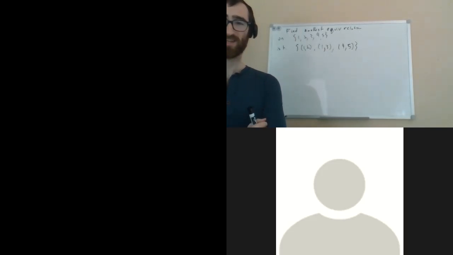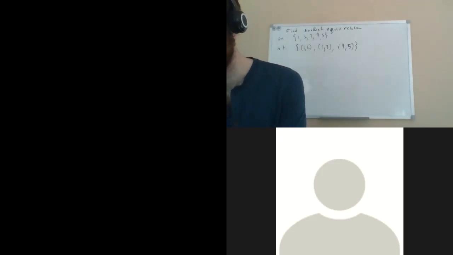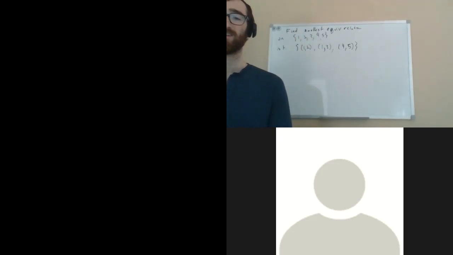What are your thoughts? Well, I knew we were making an equivalence relation, so I knew it was going to be some kind of relation that was symmetric, transitive, and reflexive. Right. So reflexive is a big one. I started basically making it from the given set, and I knew it had to have those three tuples that were already mentioned.